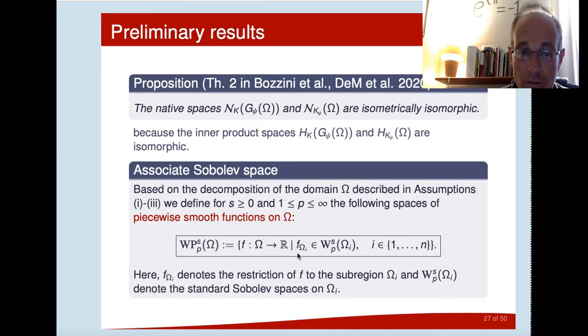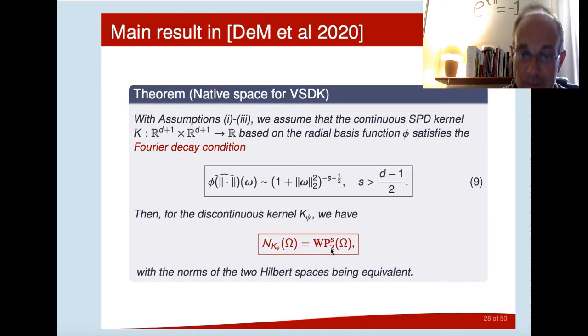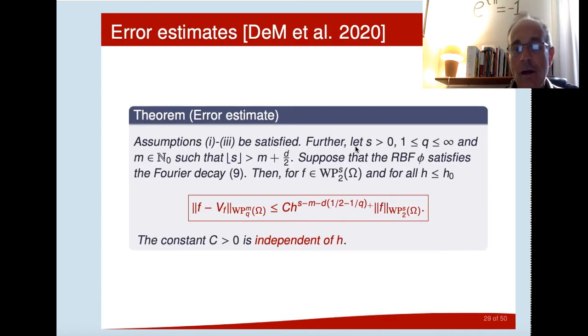So if you look here, we have s, p; now it is s, 2 here, with the norms of the two Hilbert spaces being equivalent. This is exactly what is proved in the paper that I quoted, and I invite the interested reader to look at it.